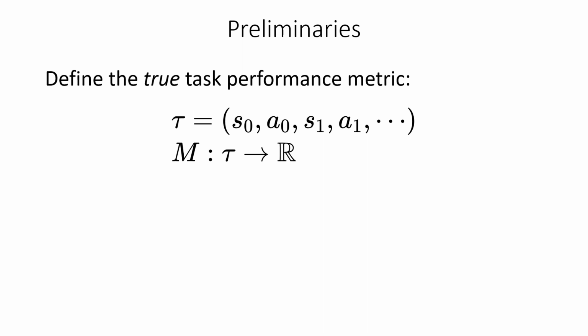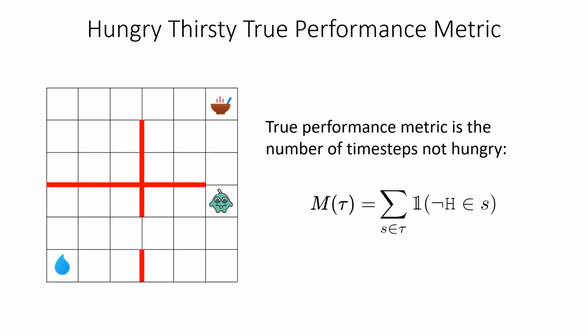One such preliminary is the idea of a true task performance metric, which need not be Markovian. This is a metric which is computed over trajectories to assess behaviors. For example, in the hungry-thirsty domain, the goal is to eat as much as possible. So the true task performance metric here matches the sparse reward function. In each time step, when the agent has sated hunger, it receives 1 point.